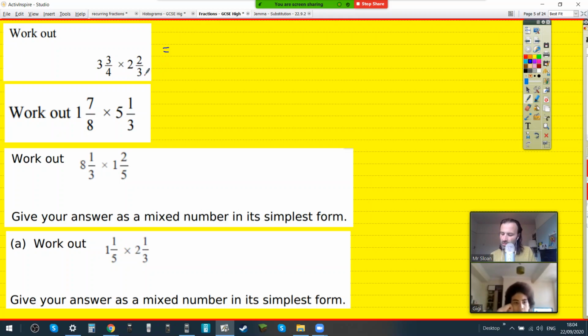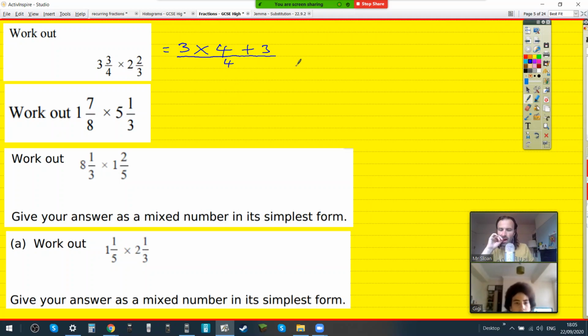So it would be 6 over 12 times. How did you get 6 over 12? Times it by the bottom one, that is, it's the top one. So it would be 3 times denominator plus numerator, and it's all over the fraction.